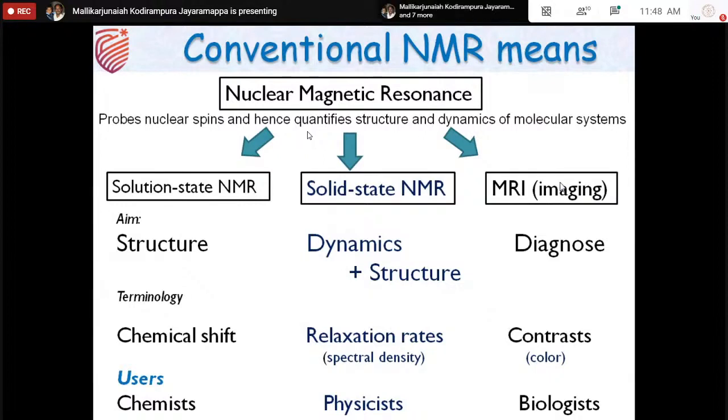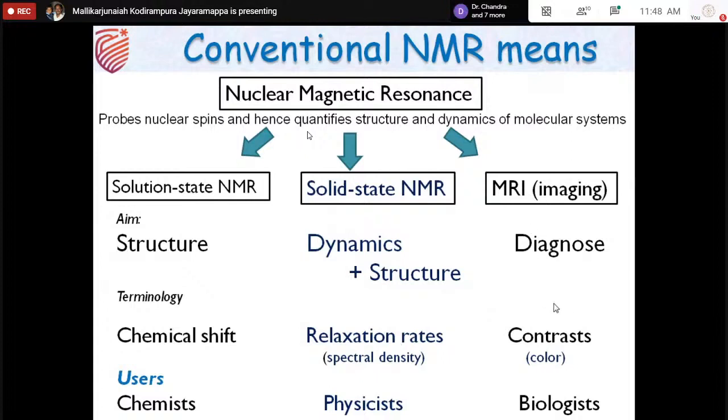With a little more complex concepts, we record an image using proton NMR or hydrogen NMR. MRI is used to diagnose disease. Please remember that MRI is not a curing technique. It only recognizes where the problem is. Okay, if you get time, we will touch upon that.